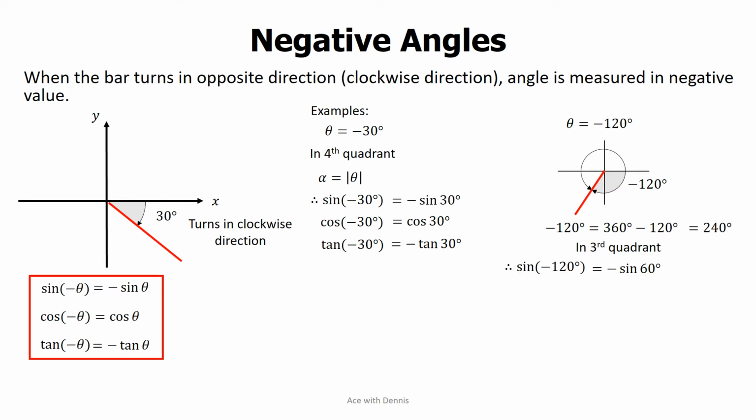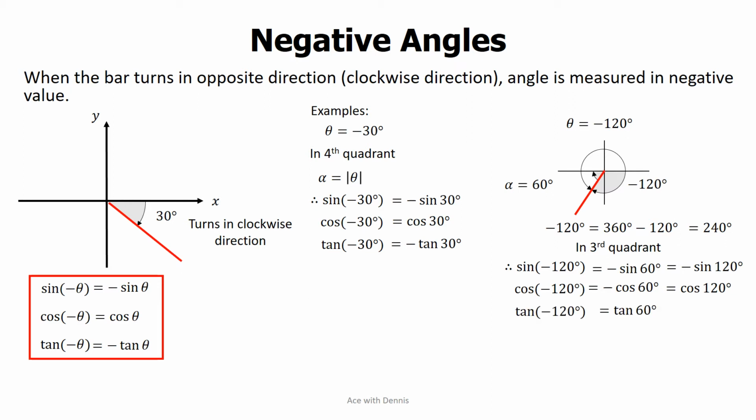Therefore, sine negative 120 degrees equals negative sine 60 degrees, which is the basic angle alpha equals 60 degrees, which means it is equal to negative sine 120 degrees. For cosine negative 120 degrees, it is equal to negative cosine 60 degrees, then it equals cosine 120 degrees.